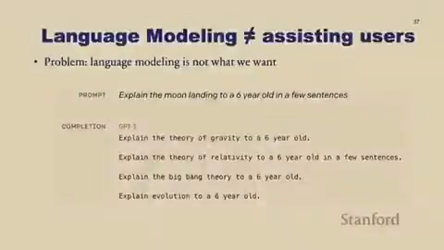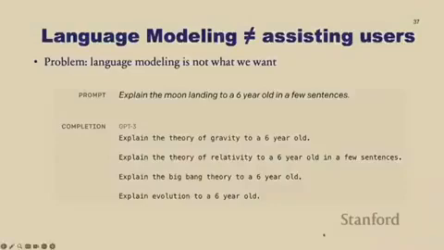So the reason why we need to do post-training is, as I told you before, to make AI assistants. Language modeling is not really the thing that you want when you have an AI assistant.